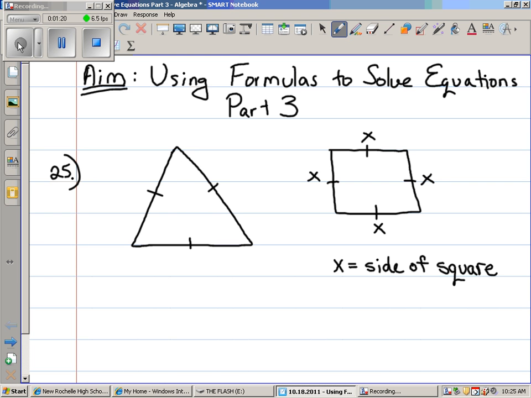Okay, so how much bigger was the side of a triangle? 5. So each side of the triangle is going to be x plus 5. So x plus 5 equals side of a triangle. And I don't like writing out triangle, I just like drawing a shape.